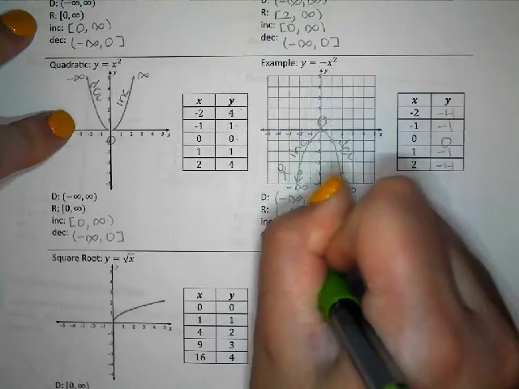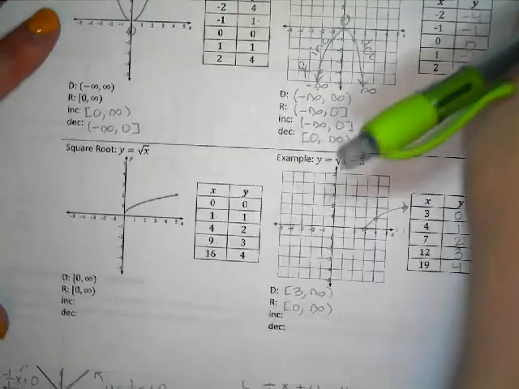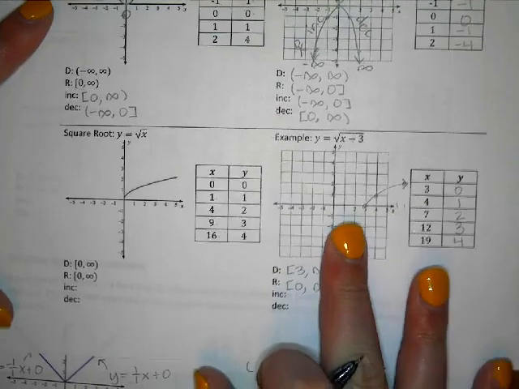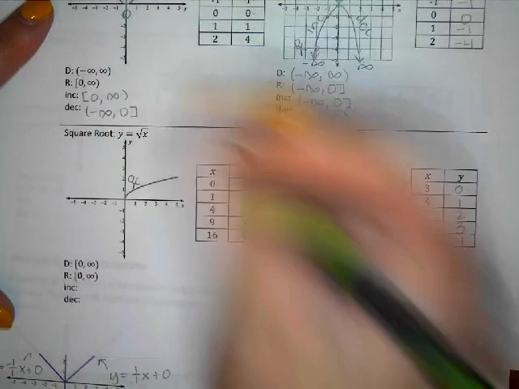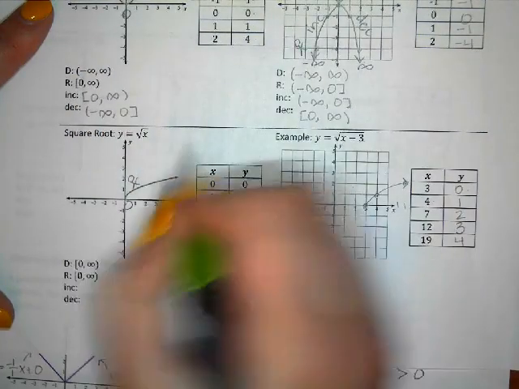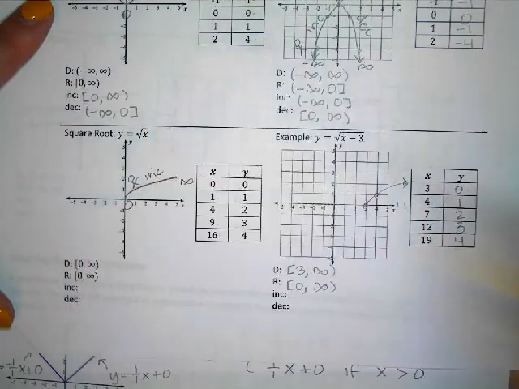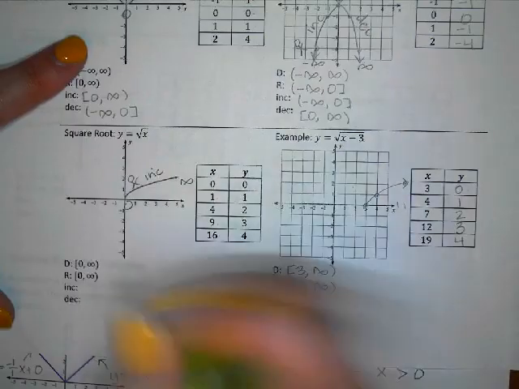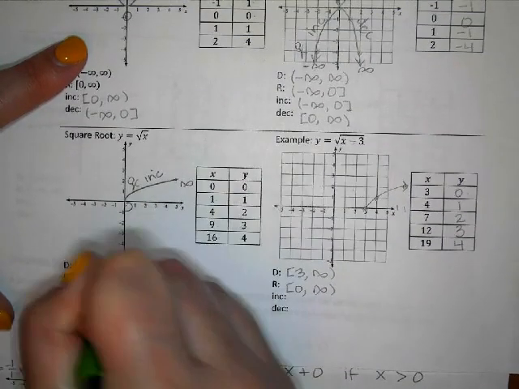All right, here. So I've got a stick figure that starts at 0, goes to the arrow, and only walks uphill. So this is 0 to infinity, and for decreasing, I'm going to say none. This graph is very similar.